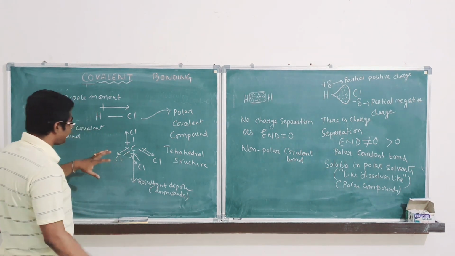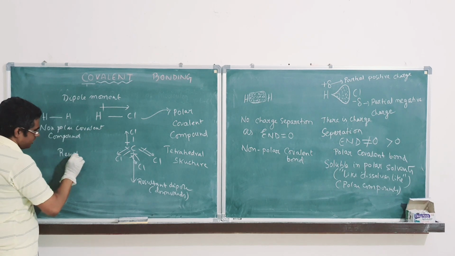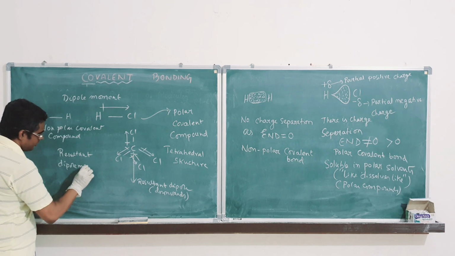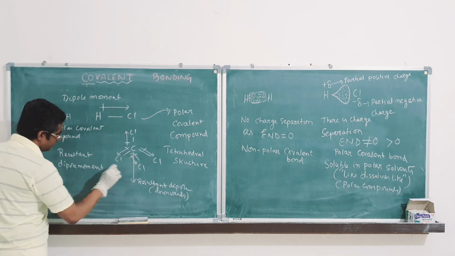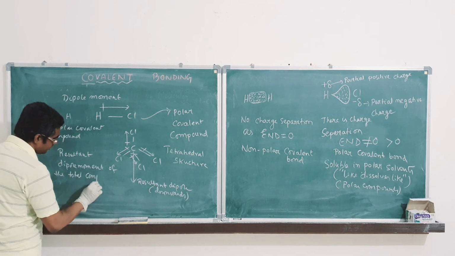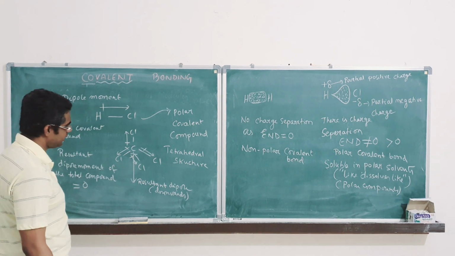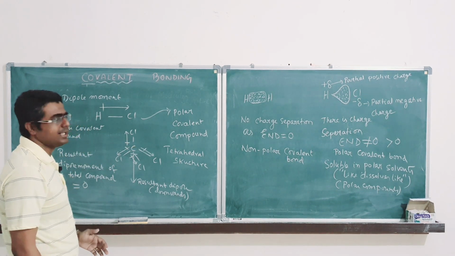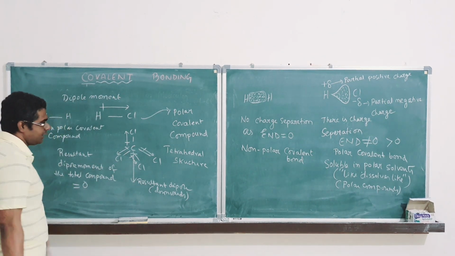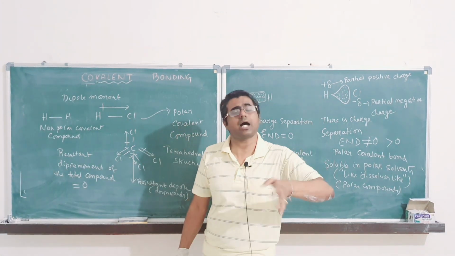So the resultant dipole moment of the total compound is equal to 0, because the resultant downward dipole moment is cancelled out by the upward dipole moment. Please write it down. The resultant downward dipole moment is cancelled out by the upward dipole moment.